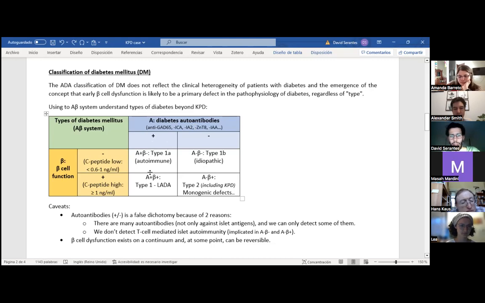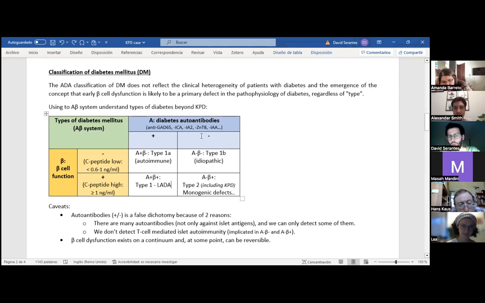Patients that have autoantibodies but also have beta cell function, at least initially, would be compatible with LADA. These are patients that initially have preserved beta cell function that slowly progress to the dependence of insulin.